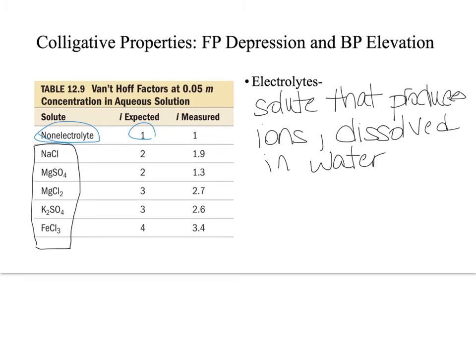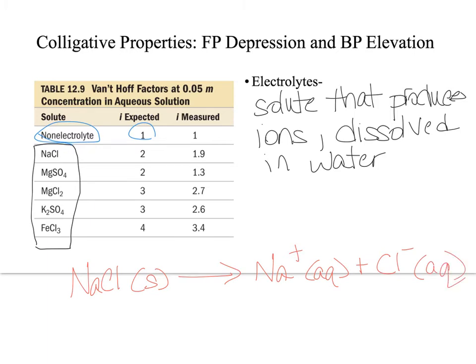Sodium chloride, when it dissolves in water, dissolves into two components, the sodium ion, which is aqueous, plus the chloride ion, which is also aqueous. So the Van't Hoff number is 2. This just tells you that there may be some equilibrium going on, so it's possible for not all of the salt to dissolve, but in most cases we'll just assume it is the number of ions.